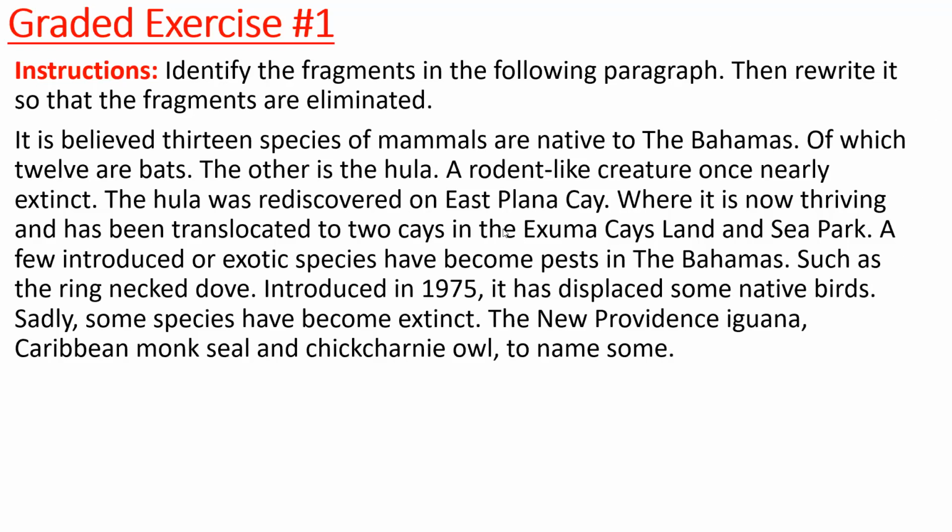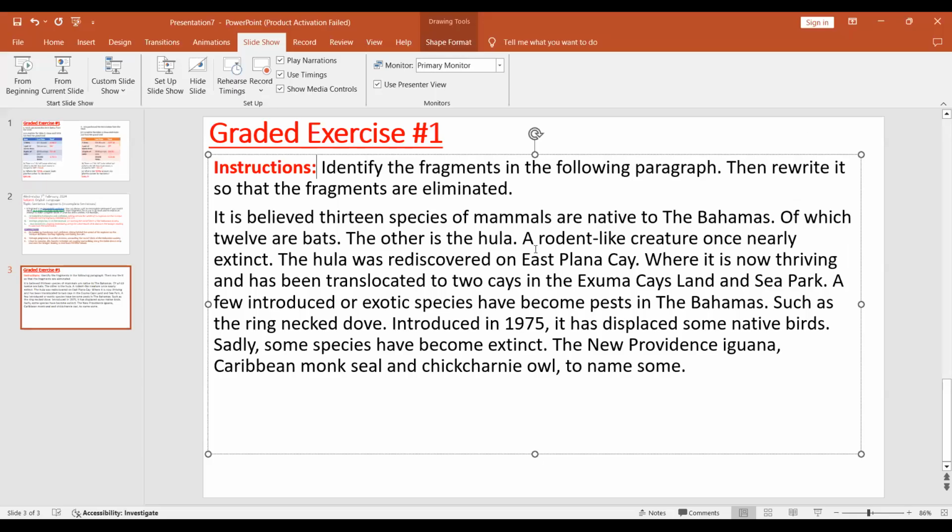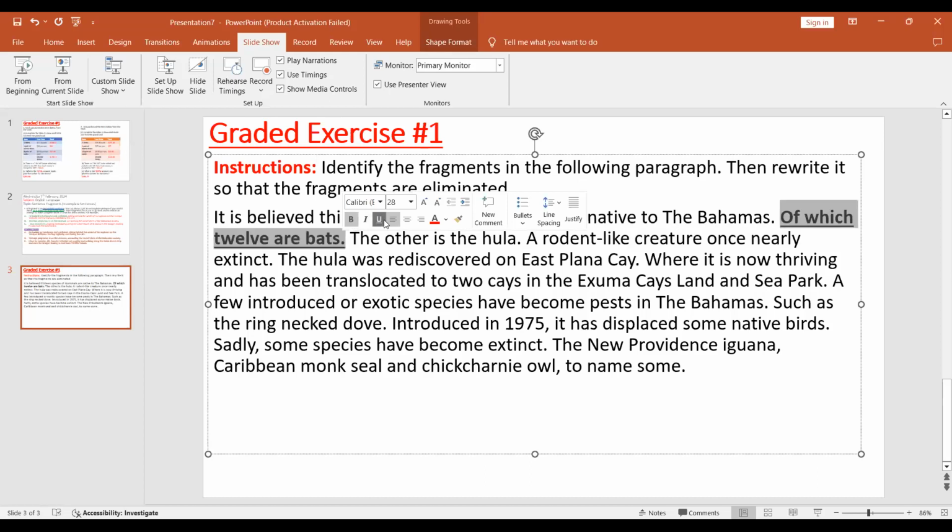Asks us to identify the fragments. So let's identify the fragments. What is the first fragment that you see? Of which 12 are bats. Okay, so we're going to underline that. So that's a fragment.